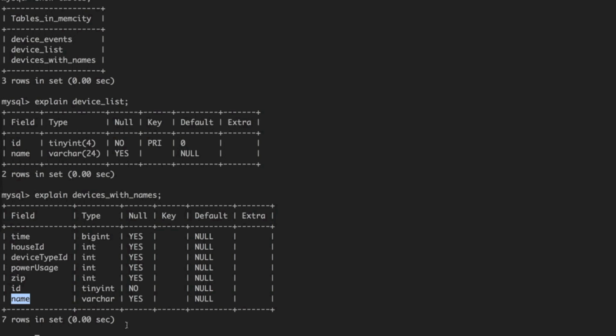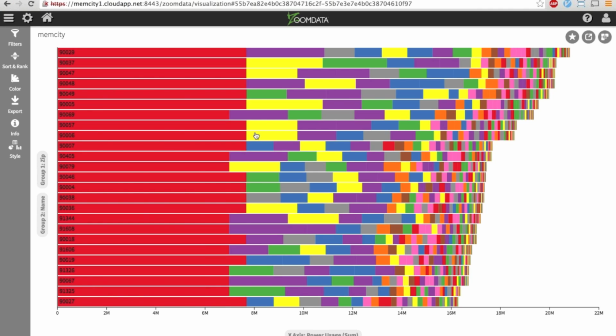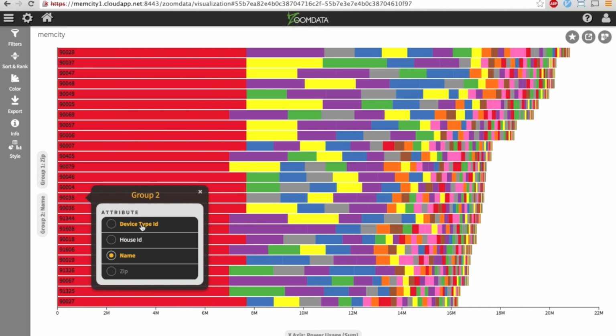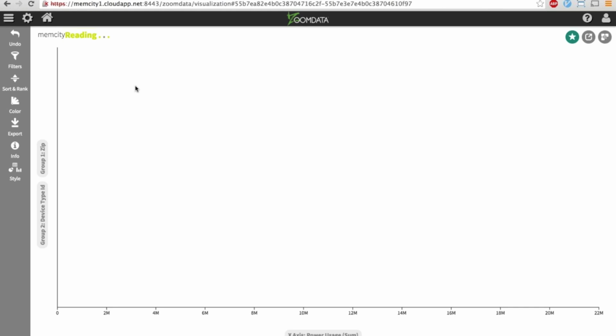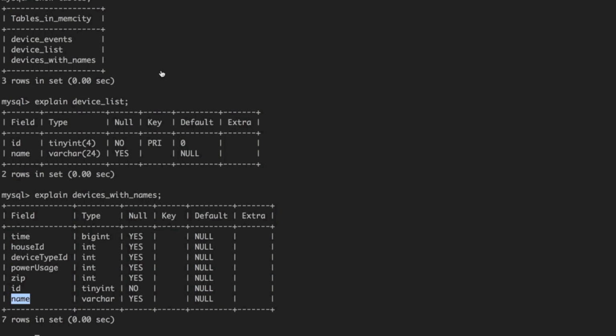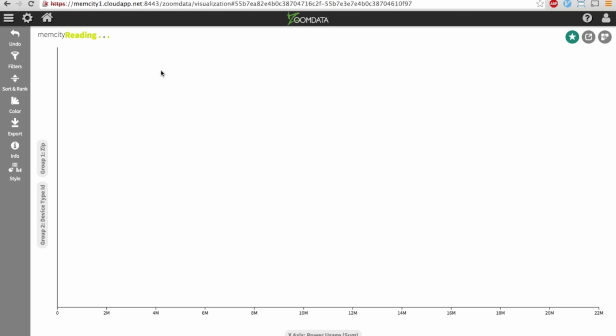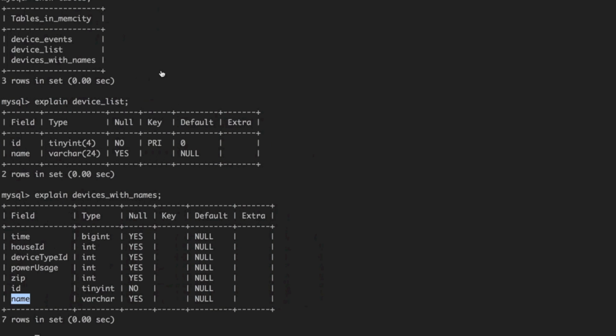You can see I have this name column, which I am creating by doing a join between the device events table and the device list table, which creates this one single unified view, so that when I am creating these charts in Zoomdata, we have the information, like this is a waterbed heater. For instance, instead of having something like that, I could just do device type ID, and it'll just show you the number for the device as opposed to actually having the name there. So this is just an example of a simple thing that you can do in MemSQL that you wouldn't be able to do in a system like Cassandra.